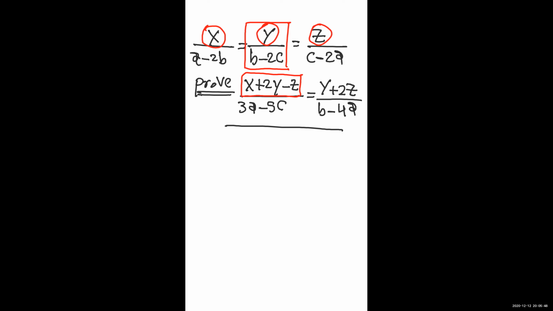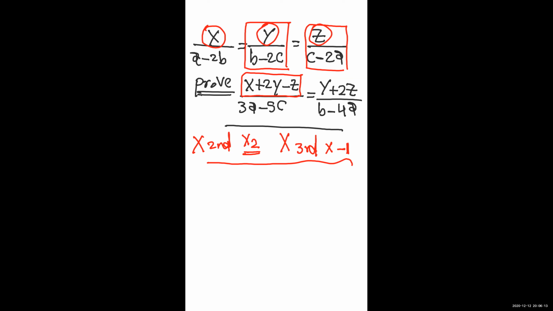Then the last one was z and becomes negative z, so I have to multiply the third term by negative 1.